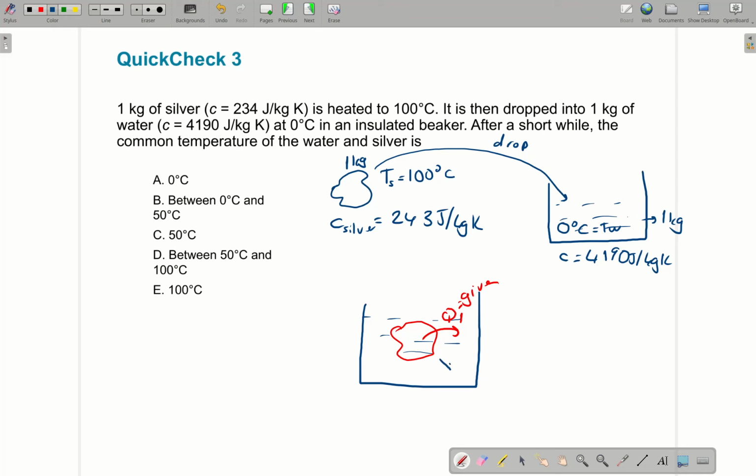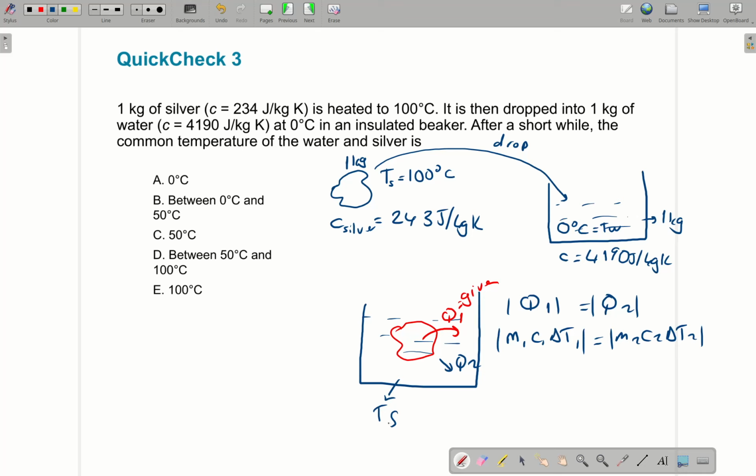Water takes it in. Whatever silver gives is equal to whatever water takes, because that's taken from the silver. So we have this idea here, and we can look at how much the temperature changes. We can say m1 c1 delta T1 is equal to m2 c2 delta T2. They will reach a final common temperature.